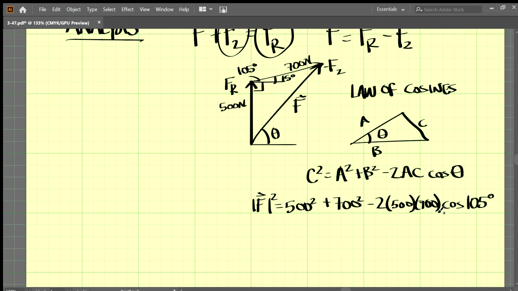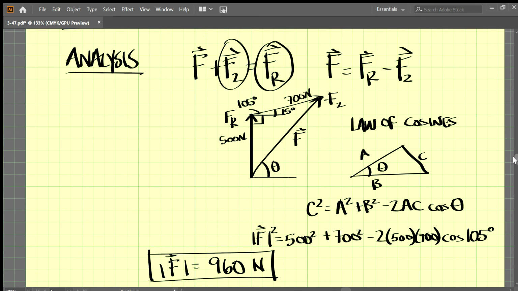And make sure your calculator's in degrees here. And if we find this side and take the square root, because there's a square on this side, we find the magnitude of F is equal to 960 newtons.